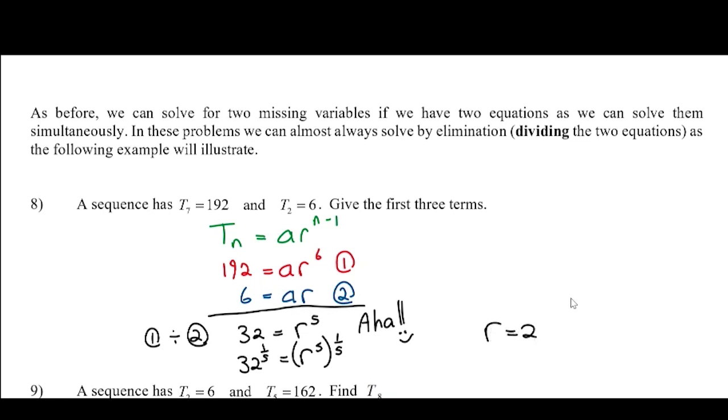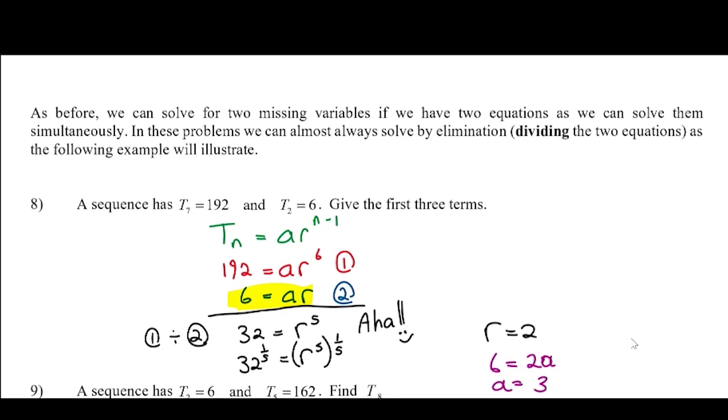So r is 2. Now I'm going to substitute that value for r into this equation over here. If r is 2, then I get 6 equals 2 times a. Divide both sides by 2, I get a equals 3.